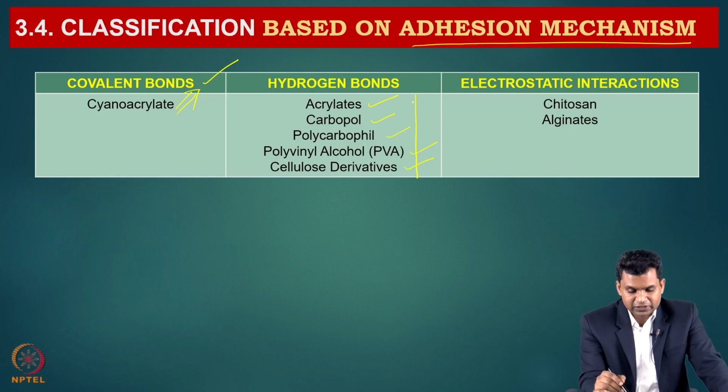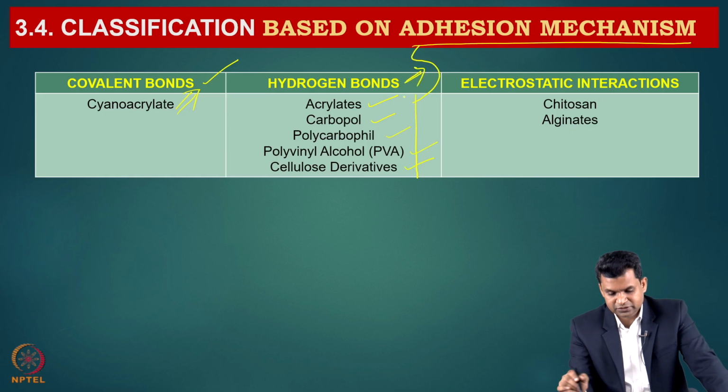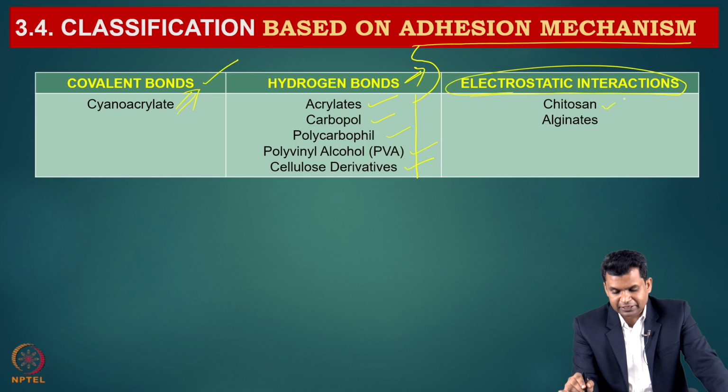They will undergo the adhesion mechanism via hydrogen bonds. Then electrostatic interaction: as I mentioned, chitosan and alginate and some other polymers we use as positive and negative charge.